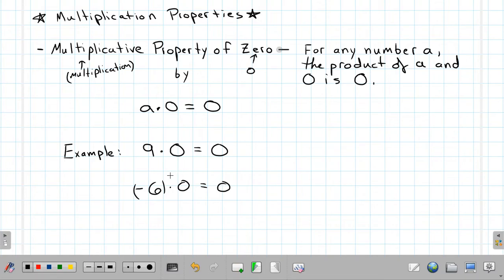So any number that you have, if it's multiplied times 0, it's equal to 0. That's what the multiplicative property of 0 is. If you pay attention to the name, multiplication by 0. The next multiplicative property we're going to talk about is the multiplicative identity.